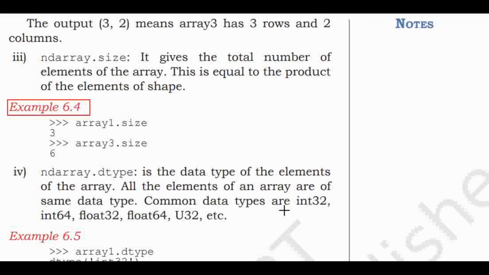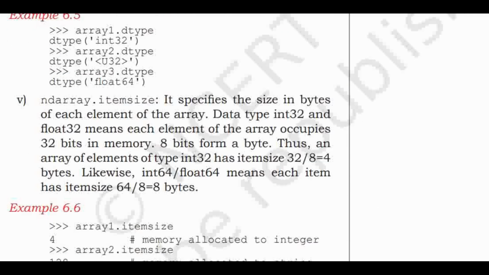Common data types are int32, int64, float32, float64, U32, etc. Example 6.5: array1.dtype is int32, array2.dtype is U32, array3.dtype is float64.